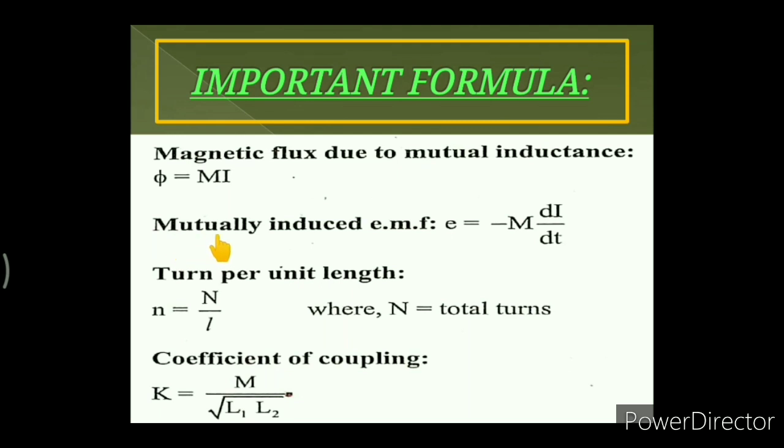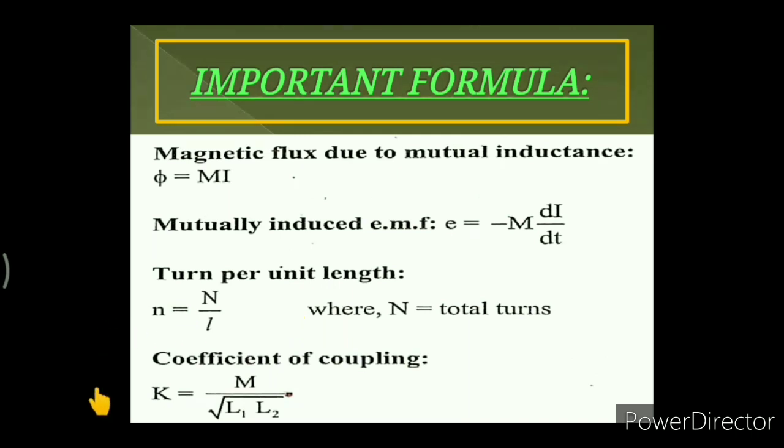And the mutually induced EMF E is given as per Faraday's law as minus M dI upon dt. Next, the turns per unit length we are considering as small n, which is given as capital N upon l, where capital N is the total turns of the wire.